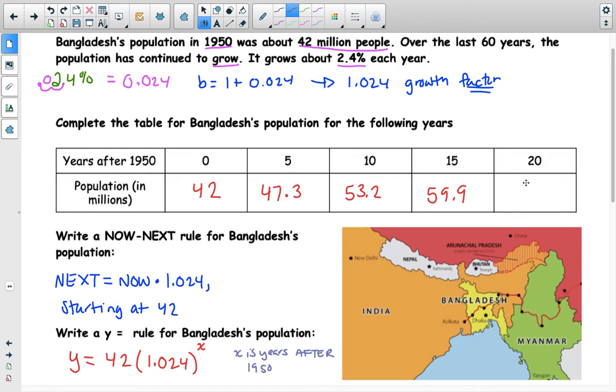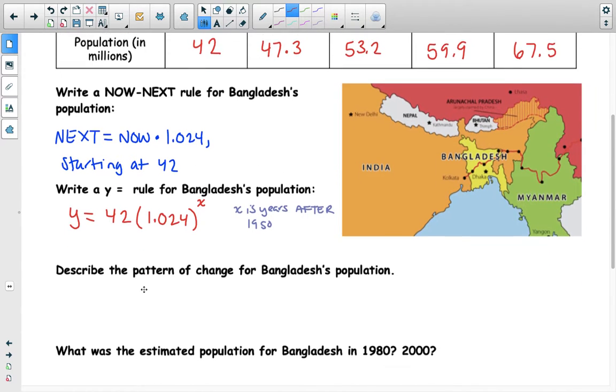And if we raise it to the 20th power, we'd get 67 5/10 million people. Again, it's very important that you're reading the table carefully. If this had just said 0, 1, 2, 3, I could just multiply by 1.024 each time. But because we're going by 5, 10, 15, 20, we have to make sure we use our rule to help us.